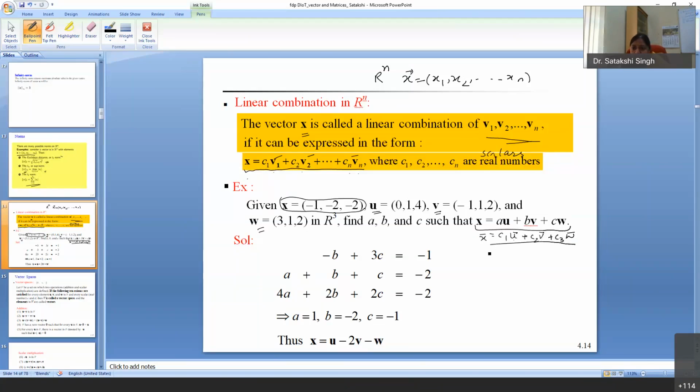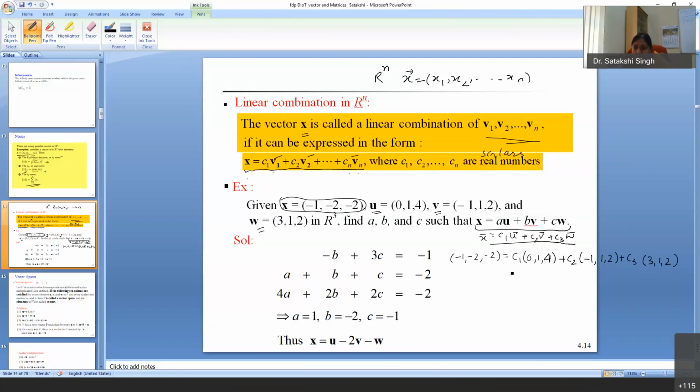For that, we know the vector x is (-1, -2, -2), and this is equal to c1 times our vector u, which is (0, 1, 4), plus c2 times the vector v, which is (-1, 1, 2), plus c3 times the vector w, which is (3, 1, 2).